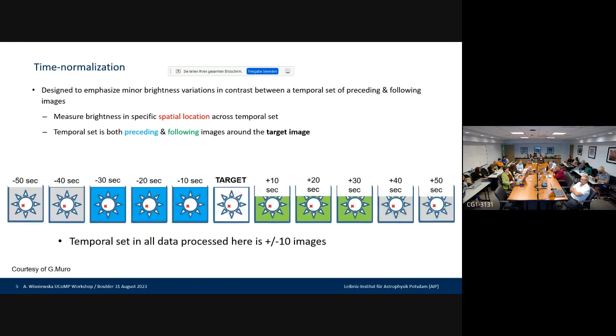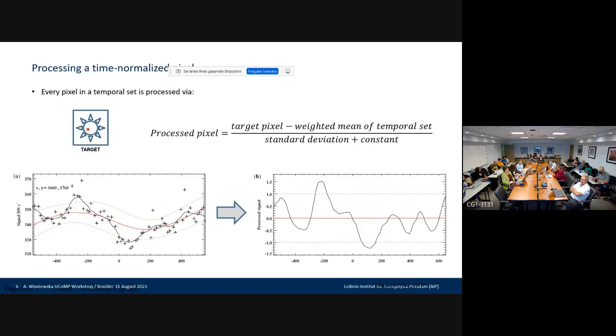Here, the temporal set in all data processed is about plus minus 10 images. So every pixel has a temporal set and is processed via a very simple formula. After this kind of normalization with some threshold, we obtained a processed signal. And I will show you how it looks for the data.